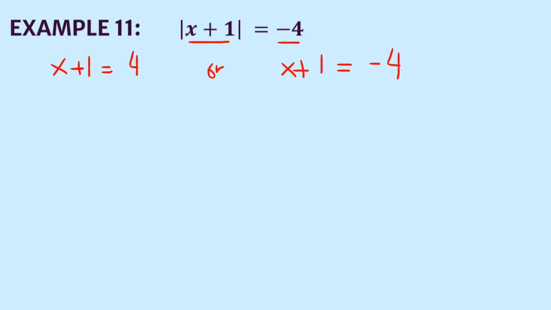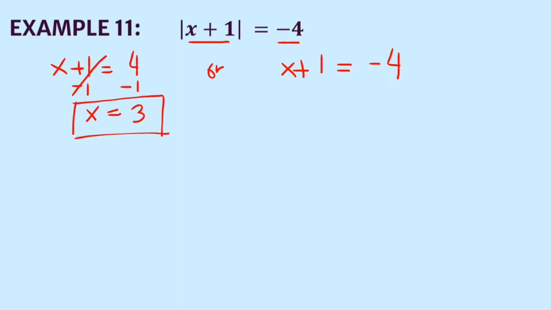Now, let's focus here on this first statement. So what are we going to do to eliminate this one here? So we have to subtract 1 on both sides. Now this will be eliminated since 1 minus 1 is 0. Now we're left with x is equal to, what is 4 minus 1? It is 3.